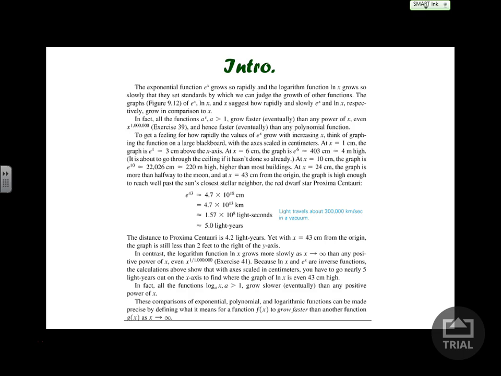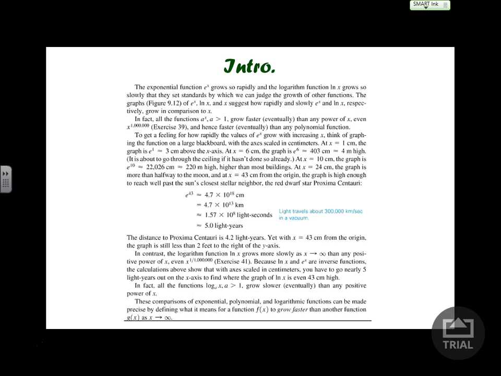When you see e to the x on the graph, you think it looks like a parabola, no big dealio, but does this give you a different perspective? When x is 10 for a quadratic, you're just going to be at 100 centimeters. That's 1/4 the way to the ceiling. Even a cubic would be 1,000, but raise it to another power, another power, another power, it's not even going to get close to where e to the x is going. And at the very end, the distance to Proxima Centauri is 4.2 light years, and x is only 43.